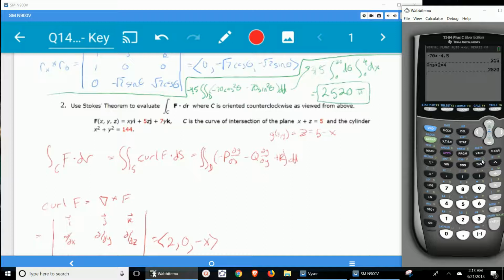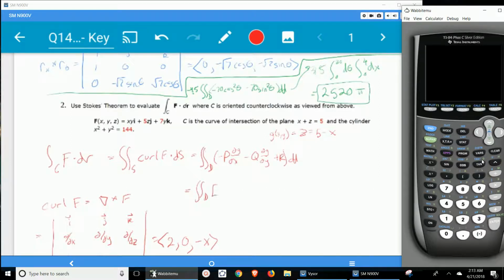Okay. So, what do we got here? Negative p, negative 2. What's the partial of g with respect to x? That would be negative 1.